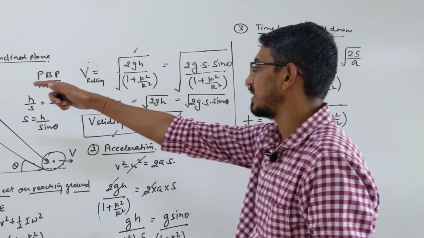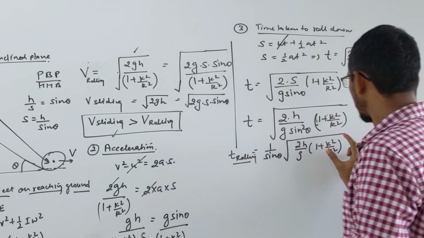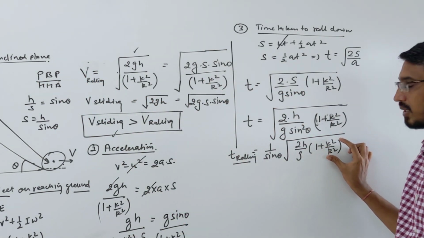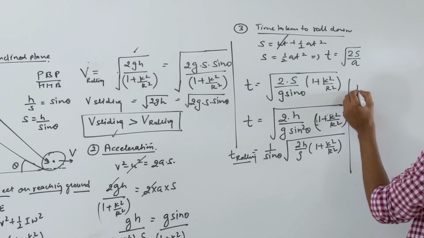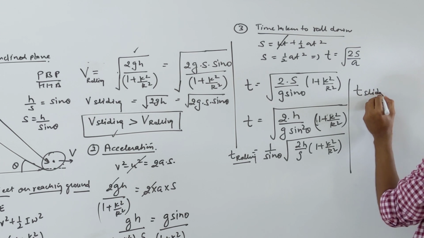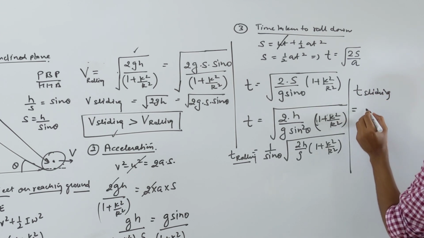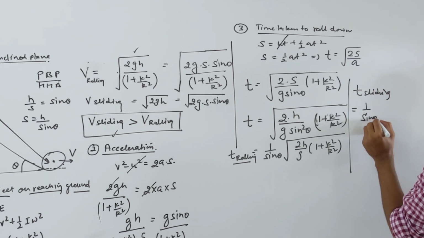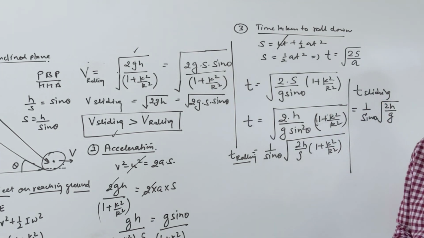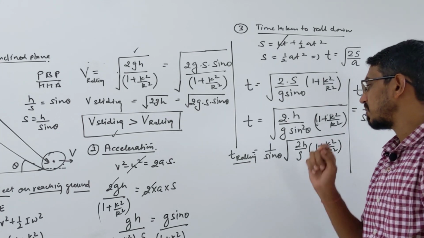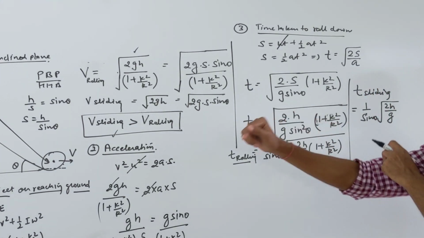And the same question we have answered in Newton's laws. How much time will it take in case of sliding? Again you make the k square by r square term 0. The remaining part is your time. So if they ask time in case of sliding, the answer is 1 by sin theta root 2h by g, only this much, right? Now in which case will the time be more, rolling or sliding?